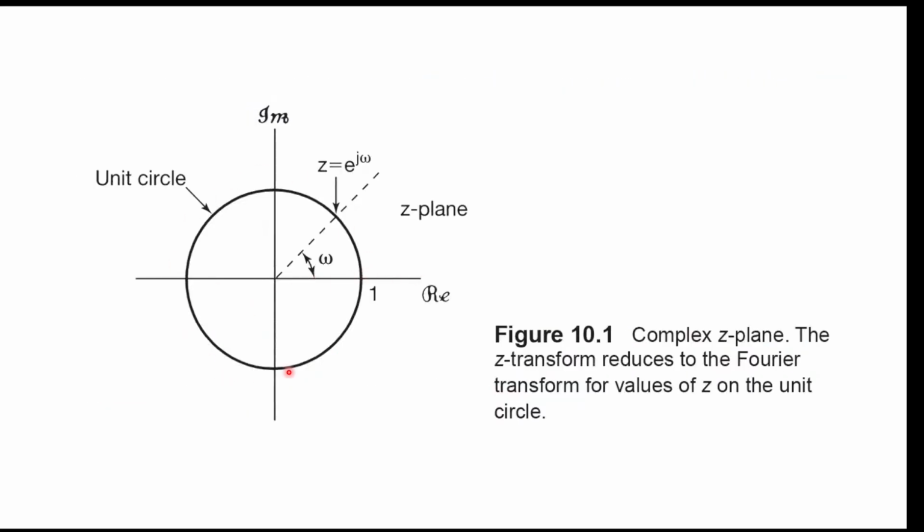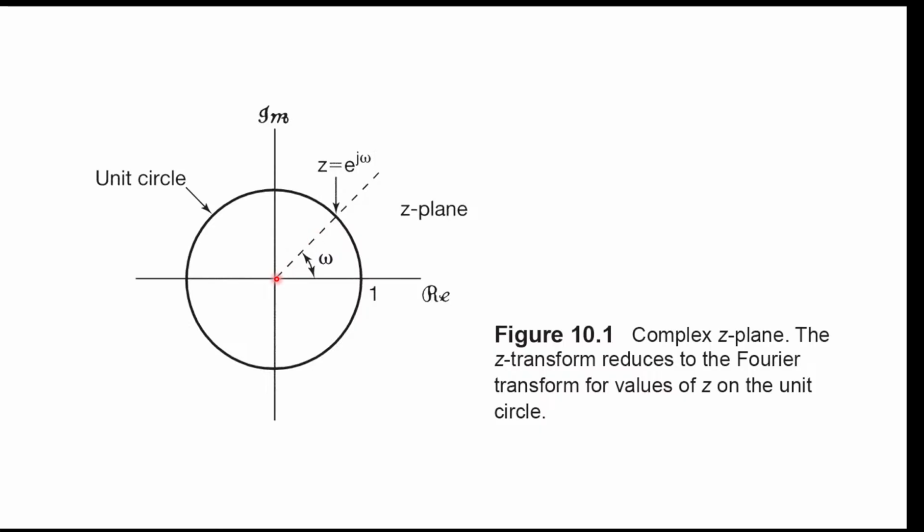In a picture, we have this z plane, with the real axis and imaginary axis, and this important unit circle. The z transform evaluated on this unit circle is the Fourier transform of your signal. A different omega corresponds to a different angle on this circle.